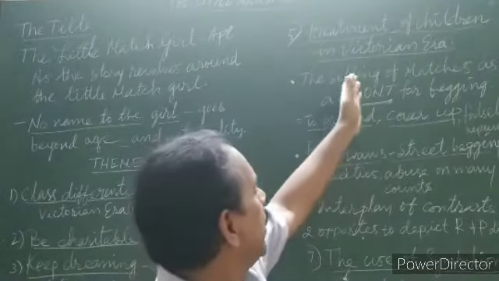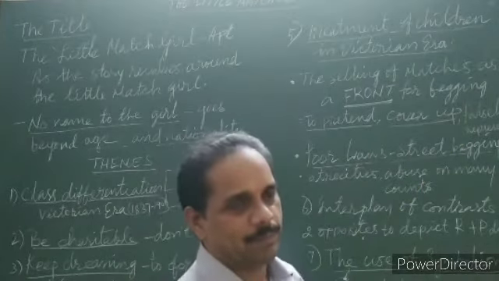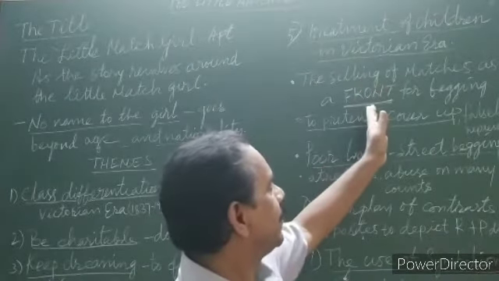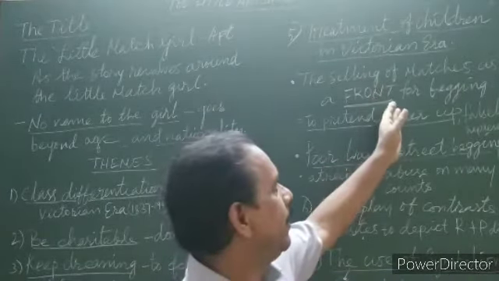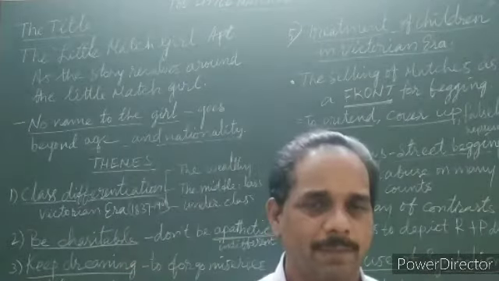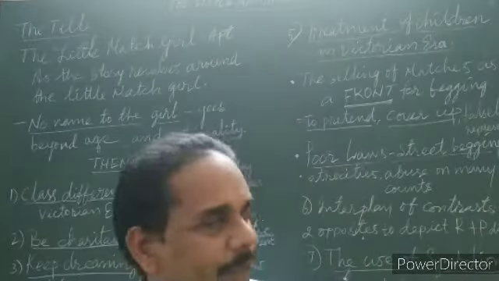And one main point is the selling of matches as a frond for begging. Selling of matches as a frond, F-R-O-N-D, for begging. What is the meaning of a frond for begging? Very difficult to understand. So please pay attention.